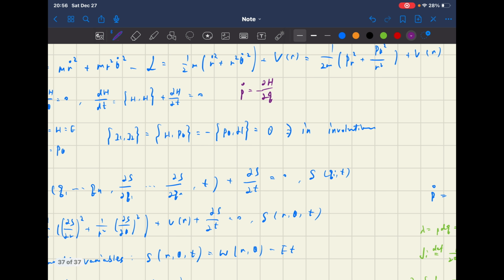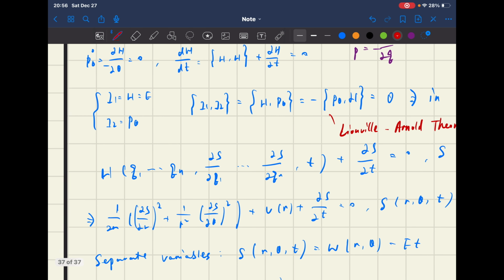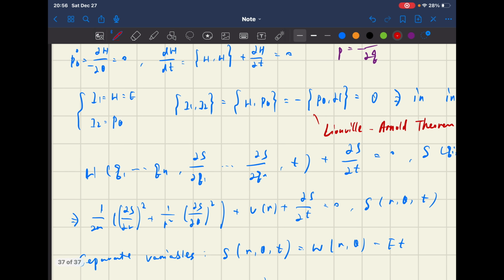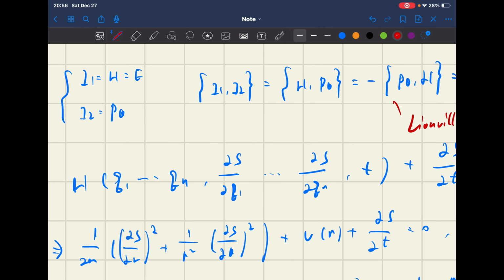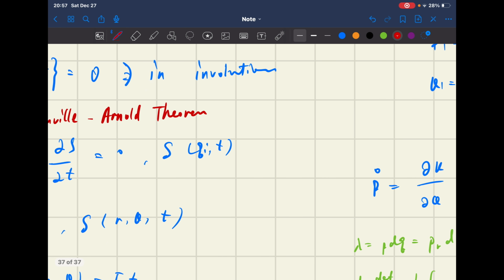Here then we'll use a very important theorem called the Liouville-Arnold theorem. What this theorem essentially says is that if a system has a number of degrees of freedom equal to the number of integrals of motion, then the system is integrable.